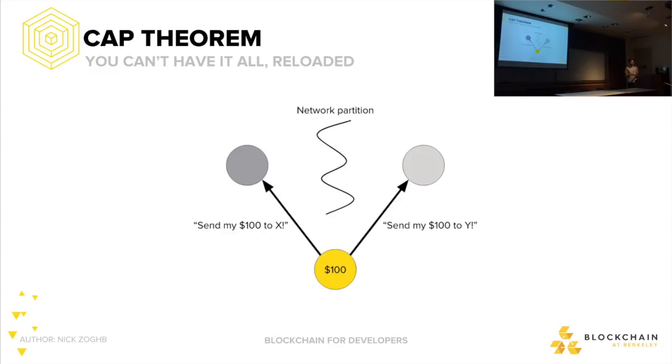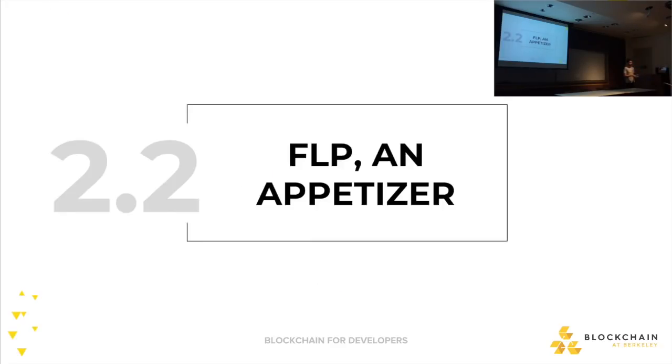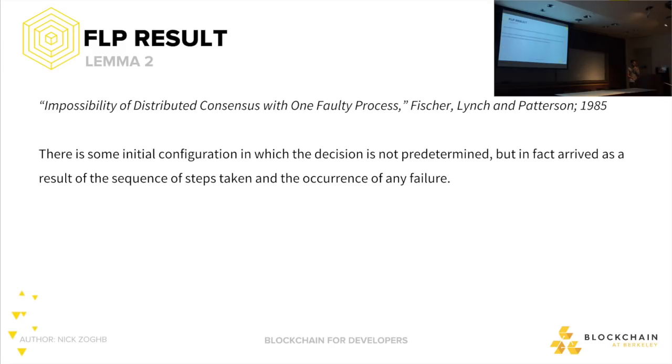But yeah, speaking of simple, I thought it might be fun to explore the FLP paper a little bit. So again, the FLP impossibility result, right, has a few lemmas that it brings up. And lemma 2 specifically is this, right?